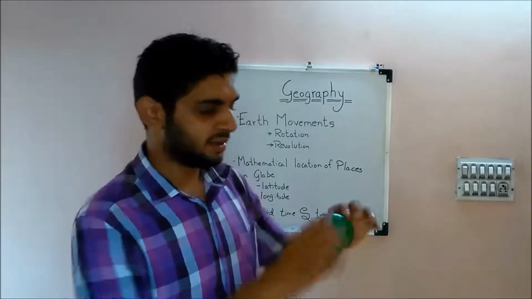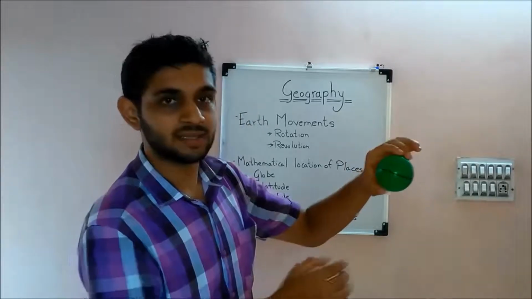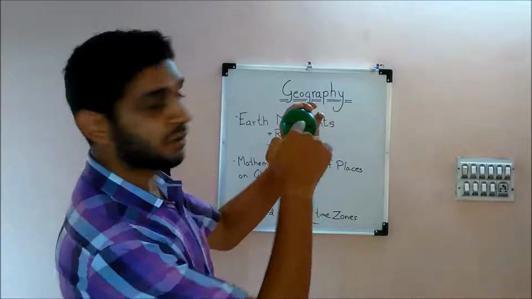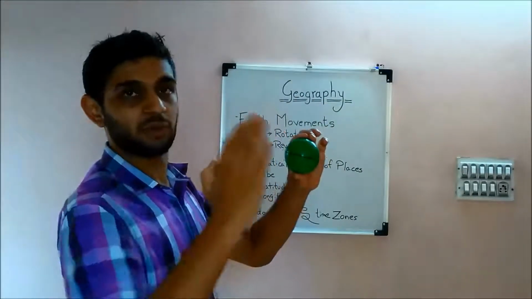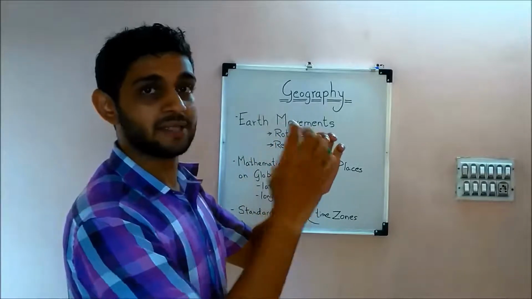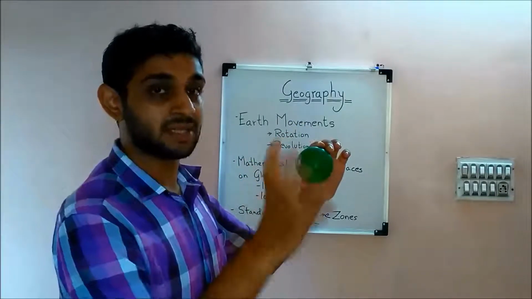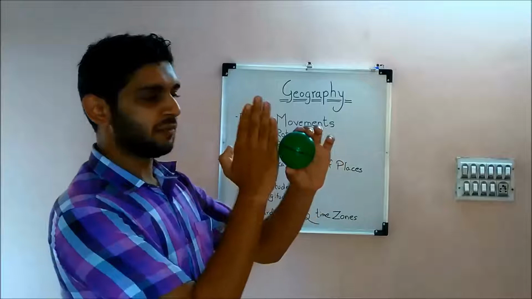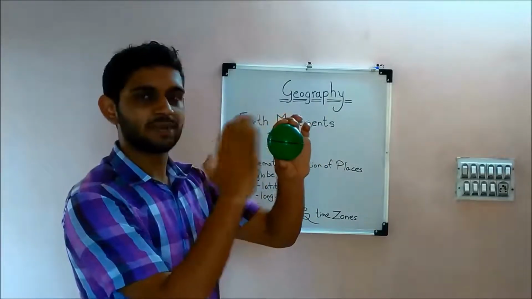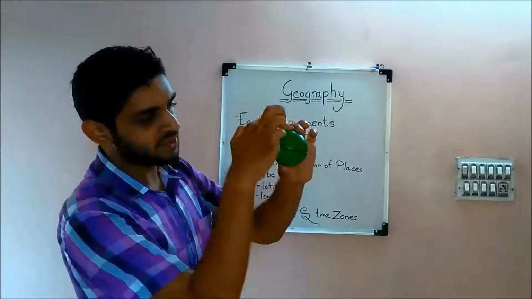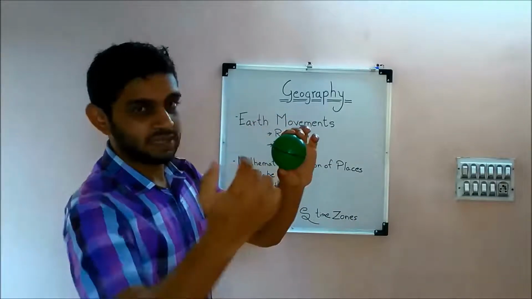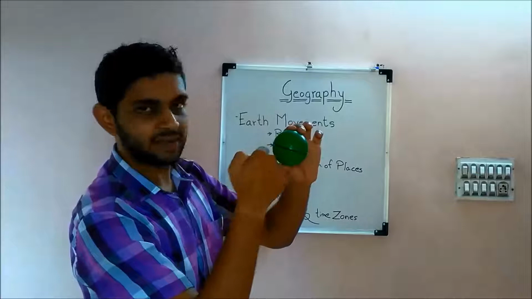Okay, the reason is Earth is like this, right? So imagine the sun's rays are falling from here. So from here, whatever we are seeing is facing daylight, right? Because it's experiencing daylight. So the one which is on my side now is experiencing night. But the region which comes here on the borderline, the rays actually are slanting here, right?